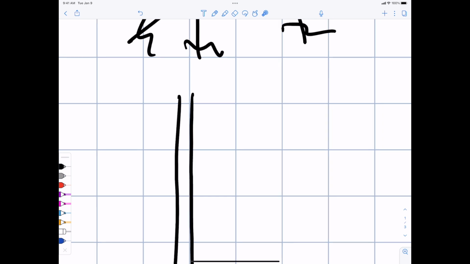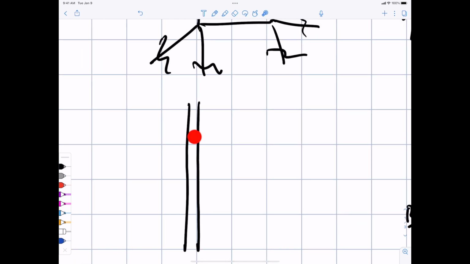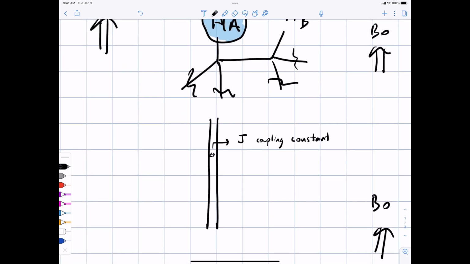You can measure the distance in chemical shift between 2 peaks. And that distance is called a J coupling constant. I don't know why they chose that letter. Talk to the physicists. But we'll call this JAB.